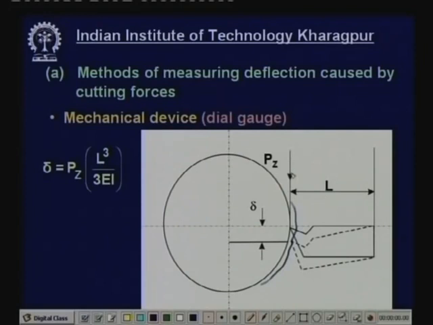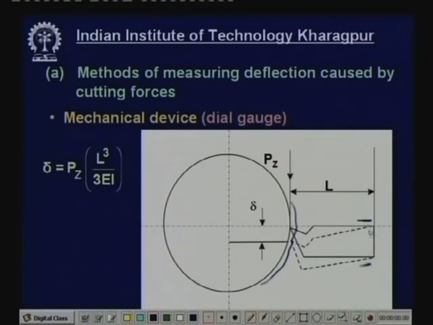So machining will be affected, the accuracy of the machine will be affected, and the depth of cut will also come down, as the feed will come down, as if the force as a whole will be changed, which is not permissible. Therefore the deflection should be as small as possible, but again if it is very small, then it will be very difficult to measure. Where the value of delta is very much restricted for the sake of accuracy of measurement, then instead of delta we should take another feature like the strain that will develop in the elastic member.